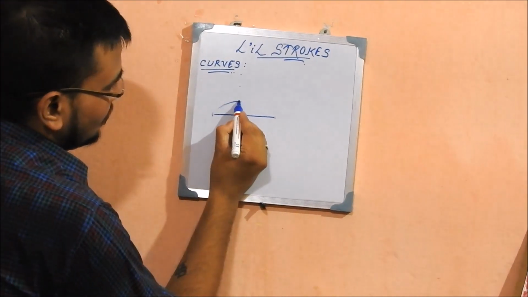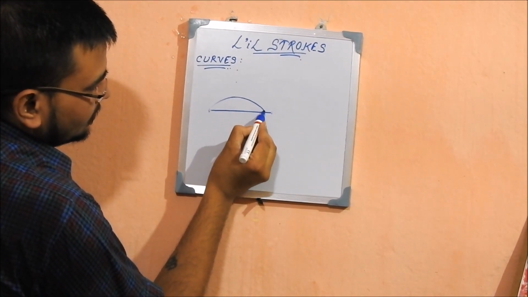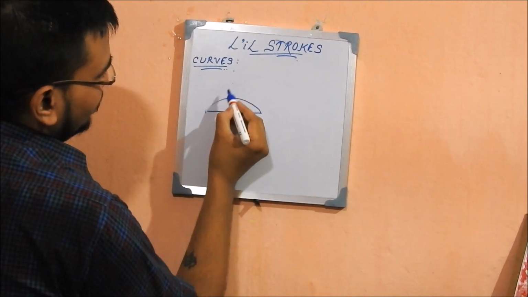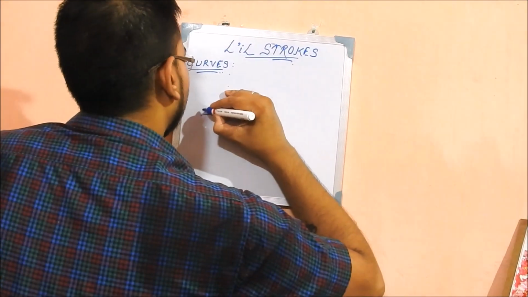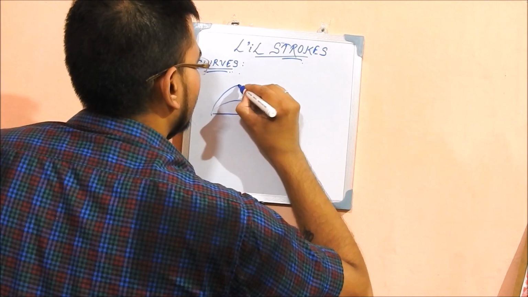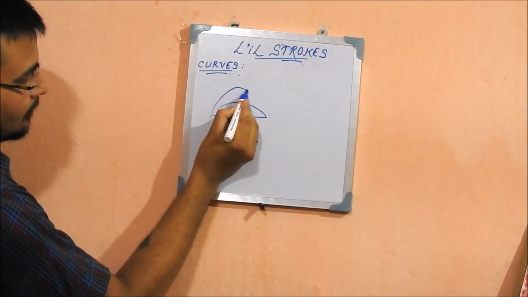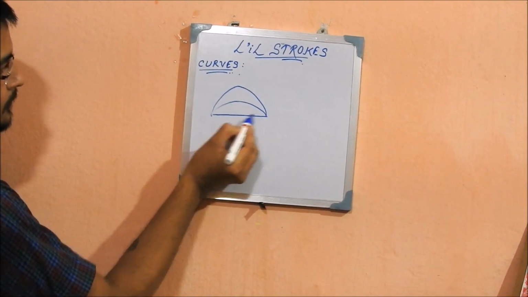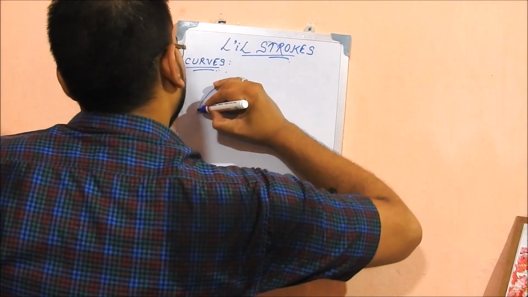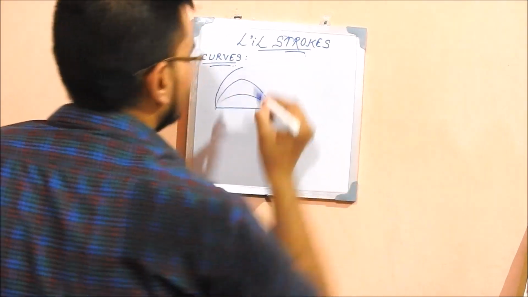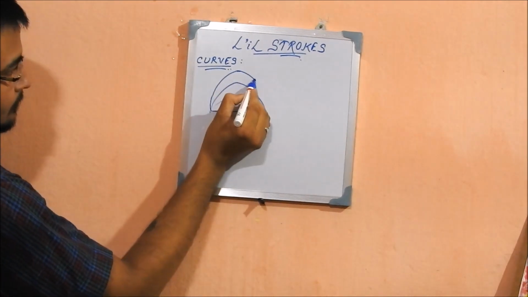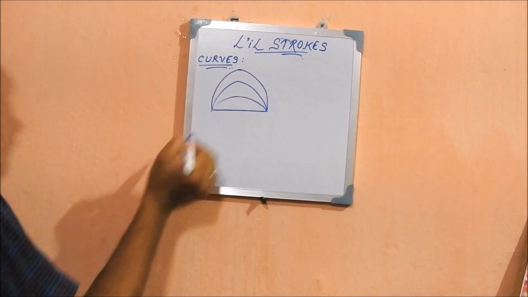this, and this, from this point, this, and from here, this, from this point, this, and from here, like this.